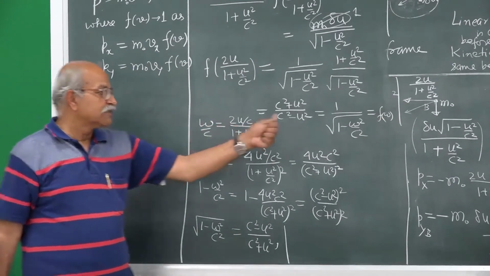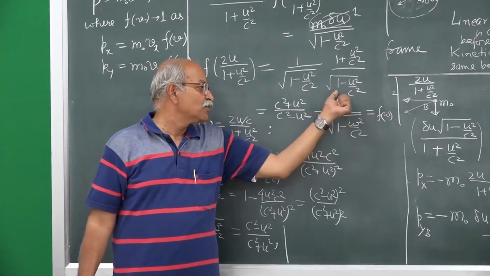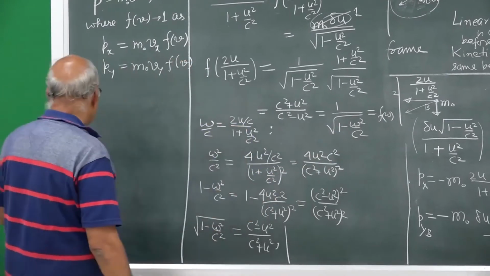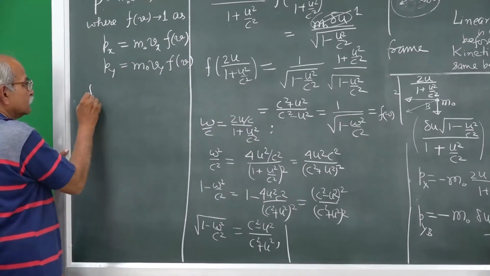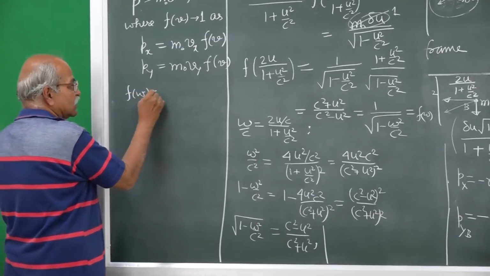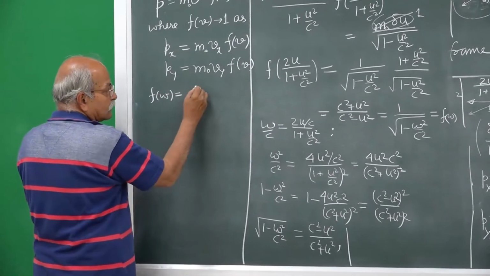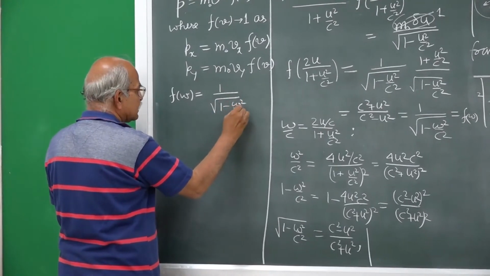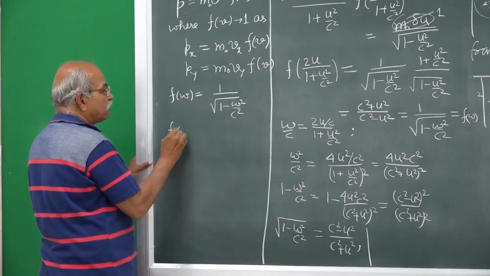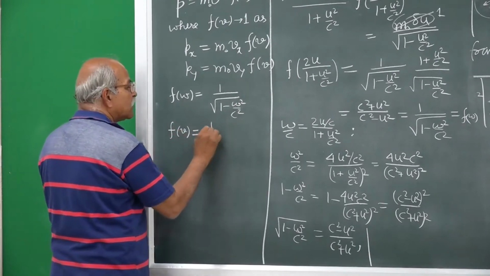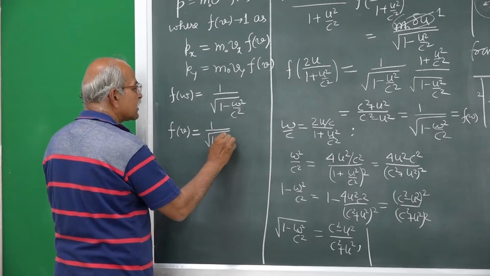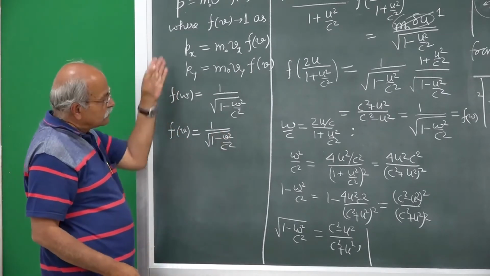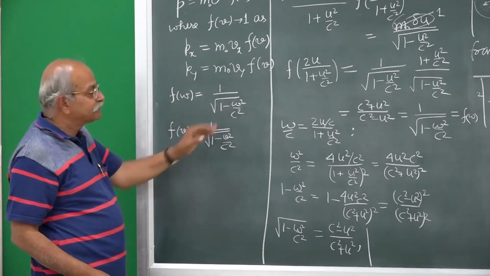So, we have gotten the functional form. F of w is 1 divided by square root of 1 minus w square by c square. So, f of v is 1 by square root of 1 minus v square by c square. This is the functional form, whatever you put here you write here.